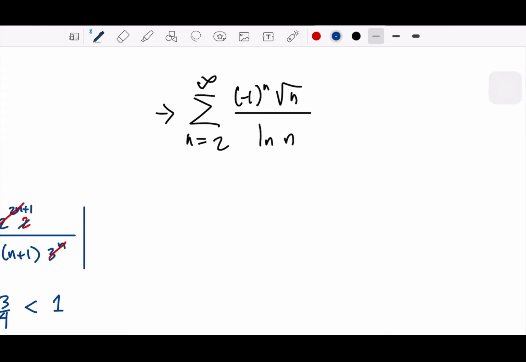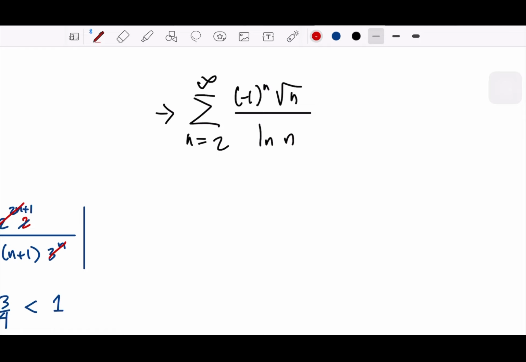Now the next series we have here. Now if you have the ln and the square root, if we imagine using the ratio test, it doesn't do anything, right?